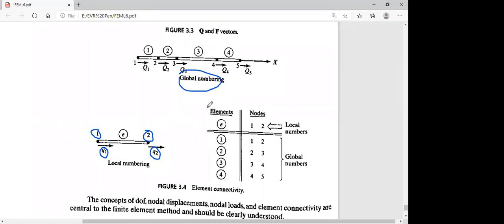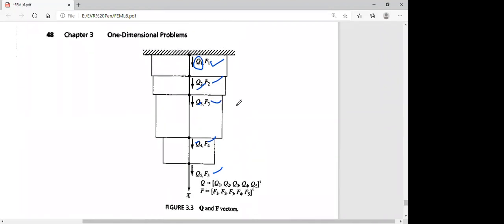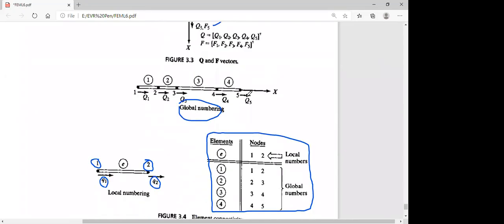This table gives the information about the element connectivity. Element 1 is connected to element 2, element 2 is connected to 3, and element 3 is connected to 4. Here the numbers 1 and 2 indicate local node numbers.